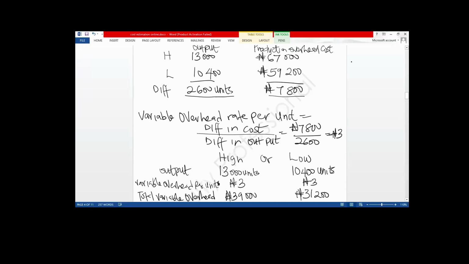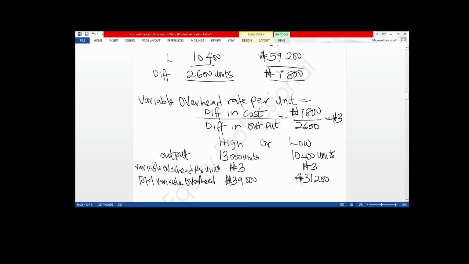Now, what we are saying here is that out of this total overhead cost at high level, 67,000, total variable overhead is 39,000. What is total fixed overhead? We can compute.